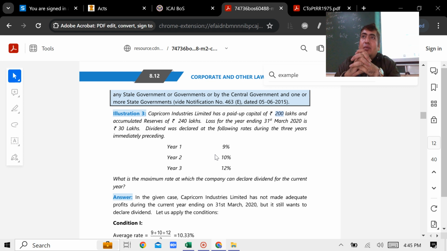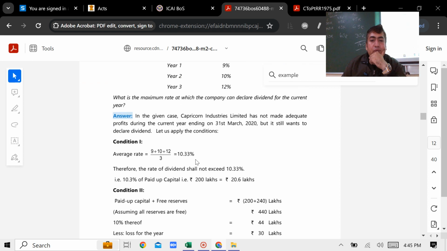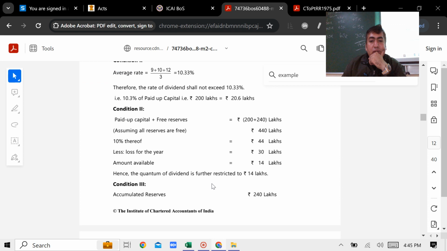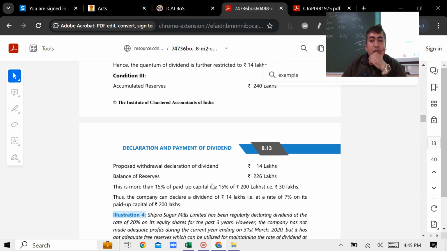That is too much. But according to the calculation, we can go max to max 14 lakhs. Why? Because 44 minus 30 is coming to 14. So maximum rate of dividend will be 7%. ठीक है? Let's see whether they are getting this 7% or not. Exactly. Look at it. हो गया बात खत्म.